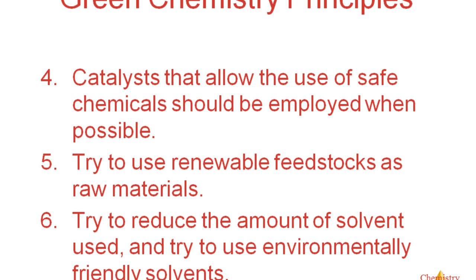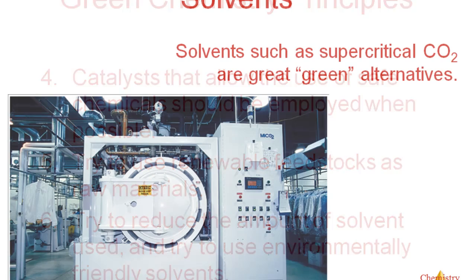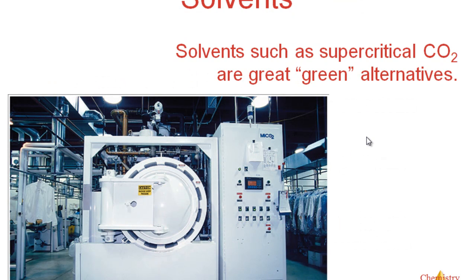And people try using solvents such as supercritical carbon dioxide as a great green alternative. Remember supercritical fluid? What is a supercritical fluid? It has gas and liquid properties, right? Solvents are used so much because, as the name suggests, they have great capacity for dissolving a variety of things in industrial processes.